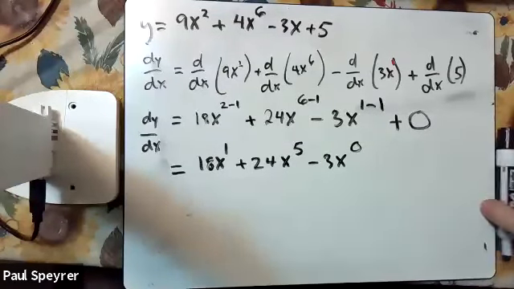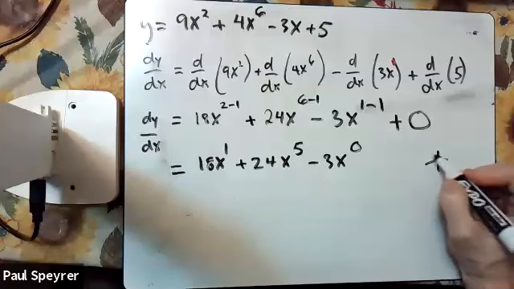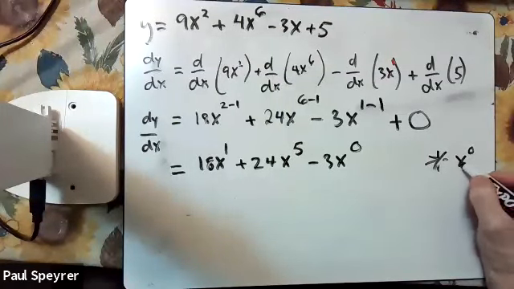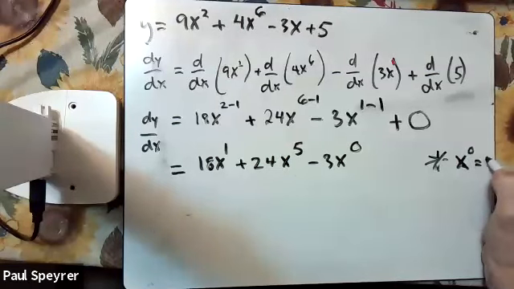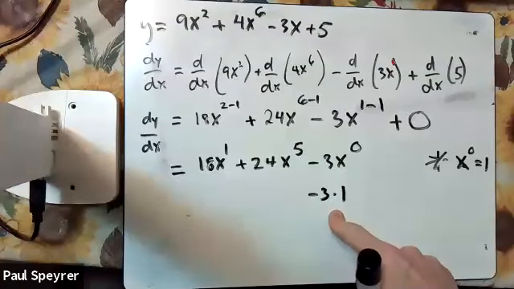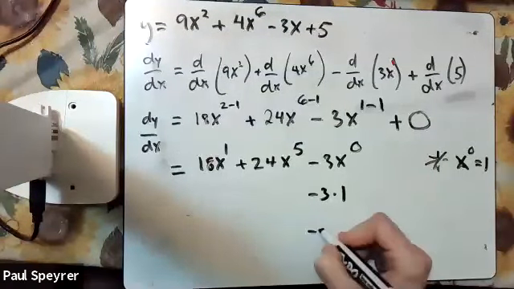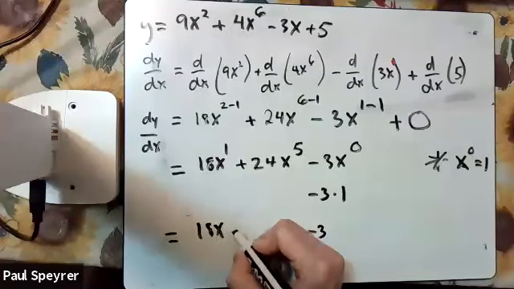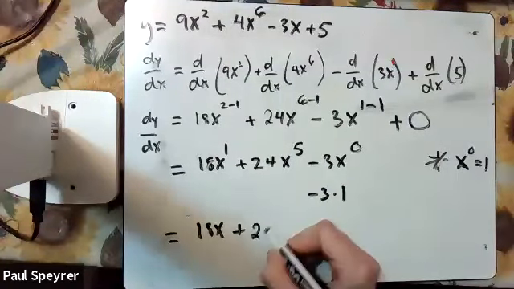Now remember, I'll put an asterisk, x to the 0: anything to the 0 power that exists is always 1. So this actually becomes 3 times 1 right here, but that's just 3. So your final answer is just 18x plus 24x to the fifth minus 3.